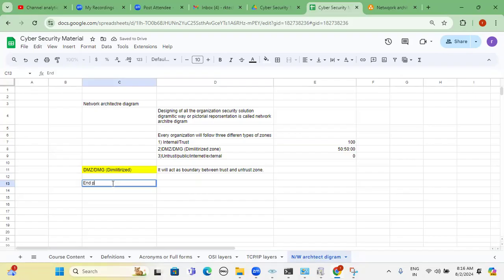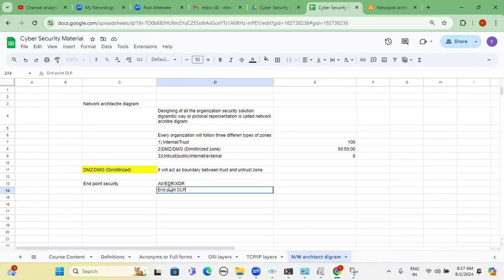Next one is the endpoint security side. So what are the different types of solutions we have to implement? First thing is antivirus. It's anyway outdated already, it's a traditional antivirus. So we have to implement EDR, endpoint detection and response, and XDR, extended detection and response. In-depth analysis we can see within 1 week. Next one is endpoint DLP, data loss or data leak prevention, and HIDS, HIPS, host intrusion detection system and host intrusion prevention system.